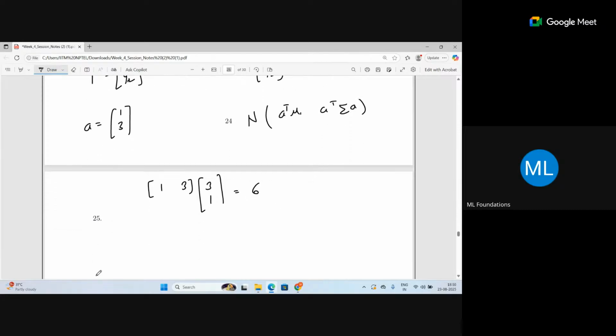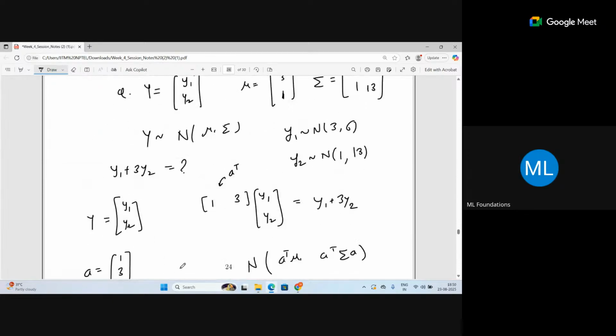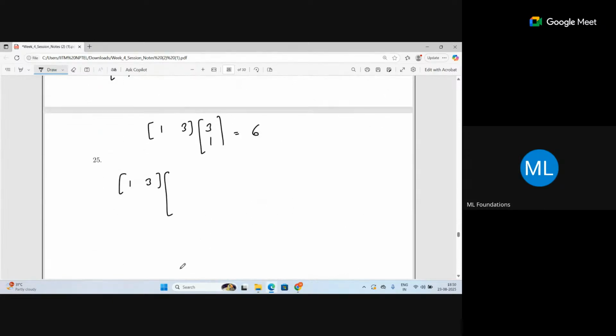And the variance will be A transpose sigma A. Sigma is [[6, 1], [1, 13]], and A is (1, 3).